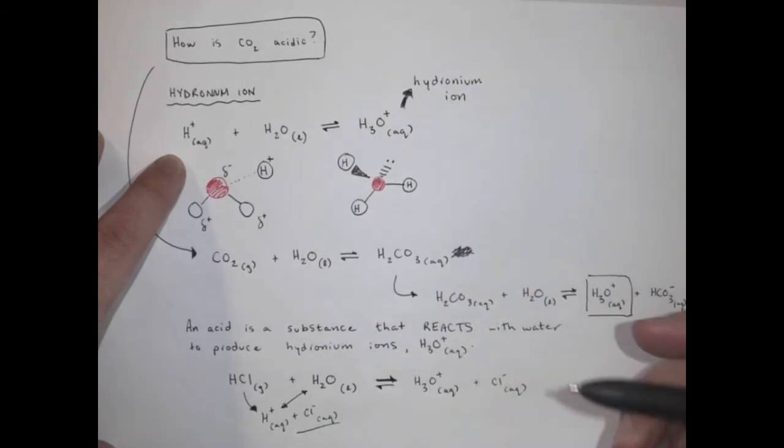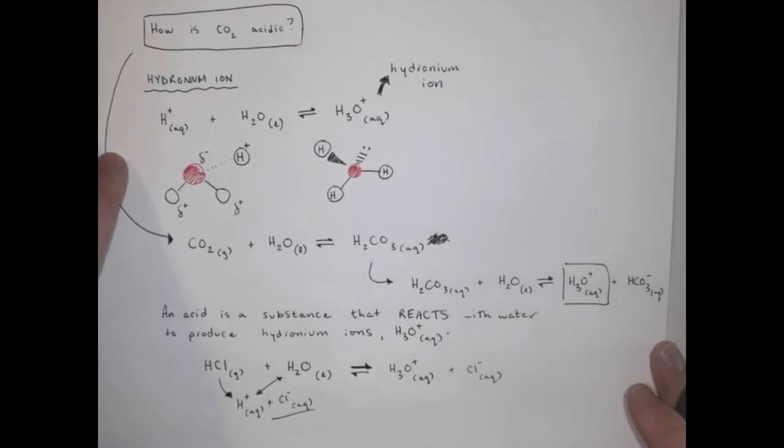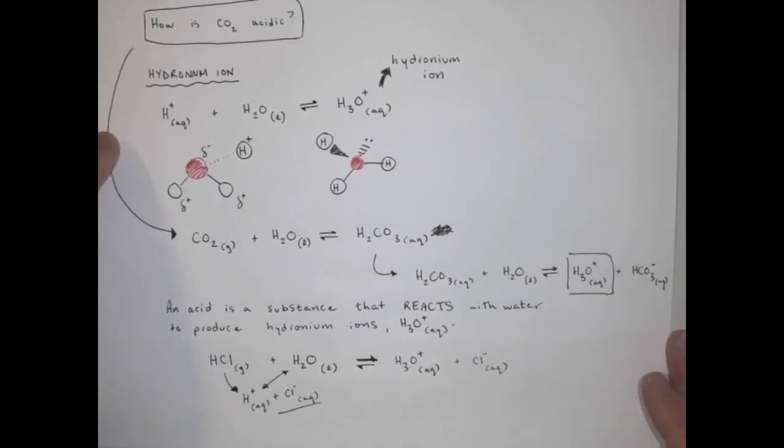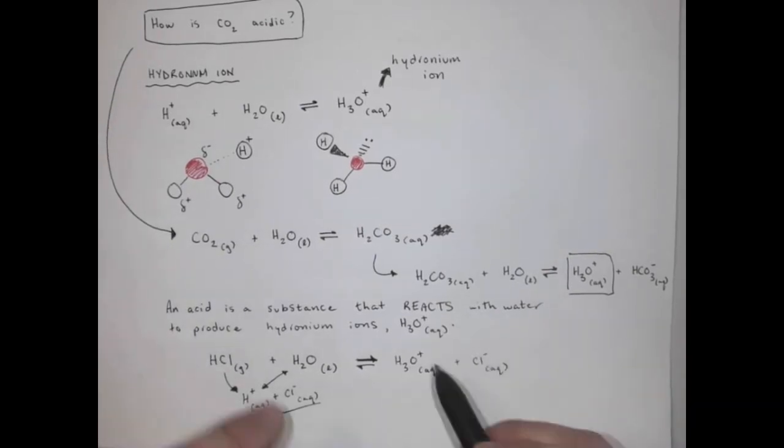That is the definition we're going to use in this course. When you take Chem 30 next year, we're going to broaden the definition a little bit more, but this is the definition we keep through Chem 20.